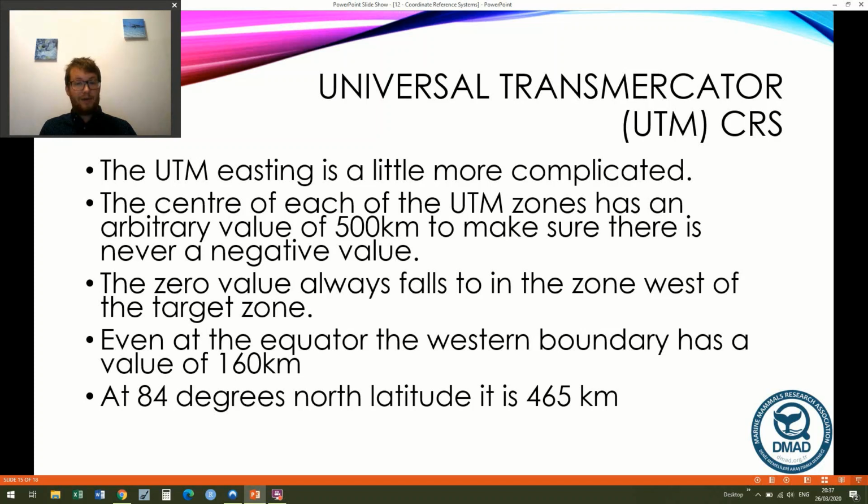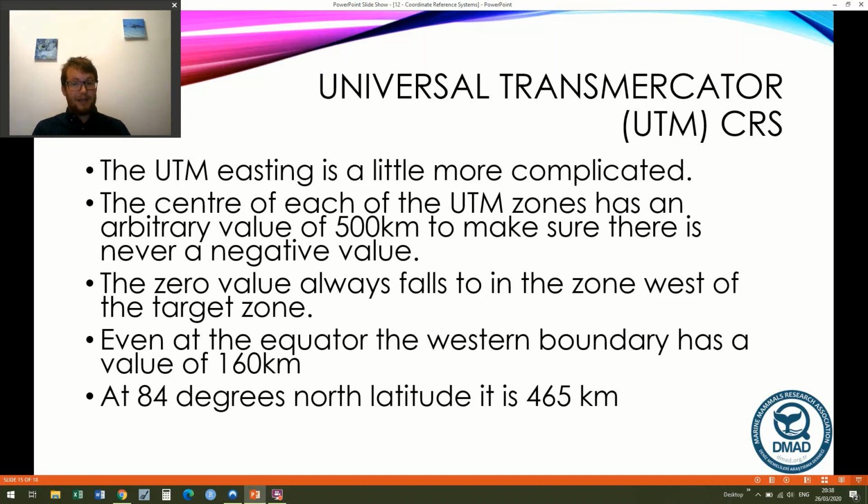Obviously, depending on where you are in the world, because the lines converge, that value is going to change as to where your western boundary falls. So even though the zero value always falls into the zone on the west, the zone on the left hand side of your zone, depending how far north or south you are, that zero value will fall either closer to your western boundary or further away.